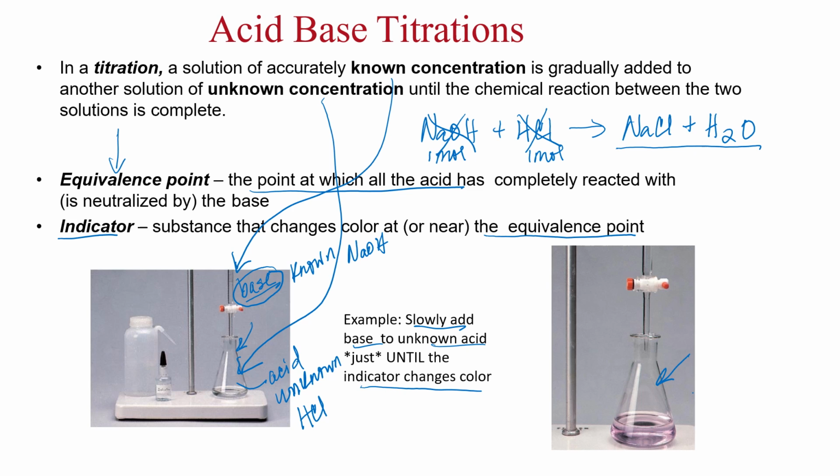And this solution here is going to become ever so slightly basic. Guess what that extra drop of NaOH is going to do? It's going to react with the indicator inside this Erlenmeyer flask, and it is going to change color. That's how we know we reach the equivalence point or the end point.